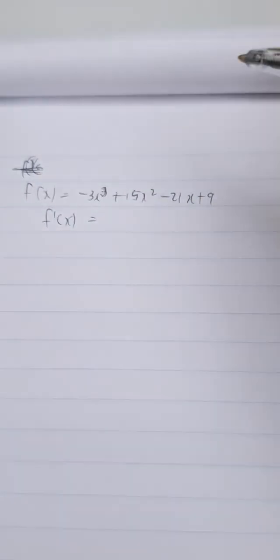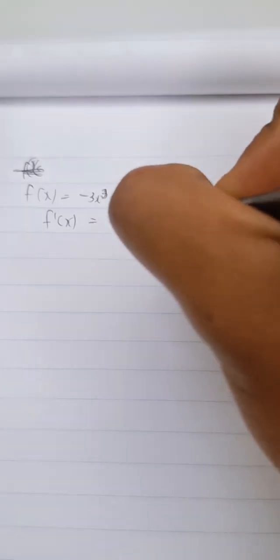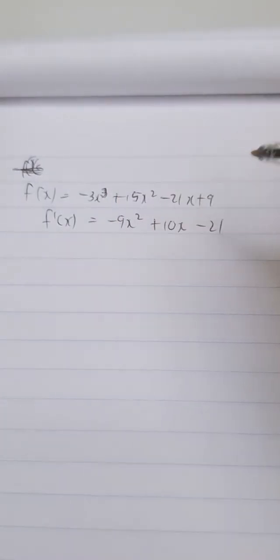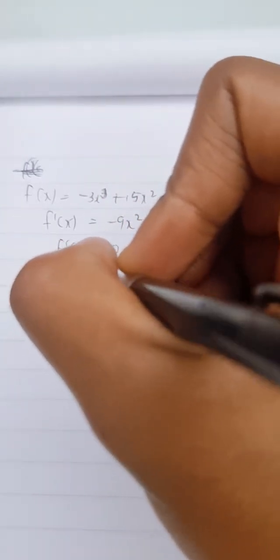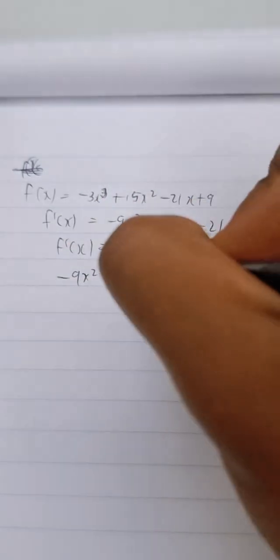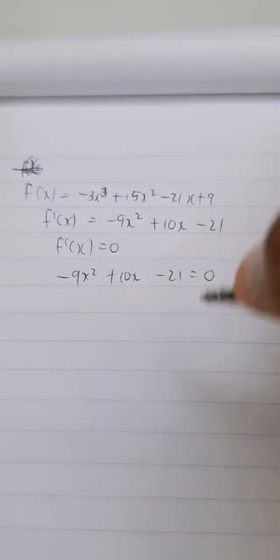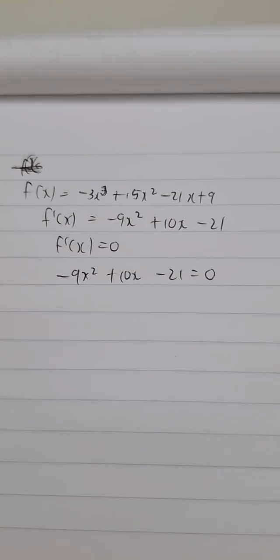We first derive: negative 9x squared plus 10x minus 21. Then we take this, we equate to 0. So negative 9x squared plus 10x minus 21 is equal to what? Equal to 0.